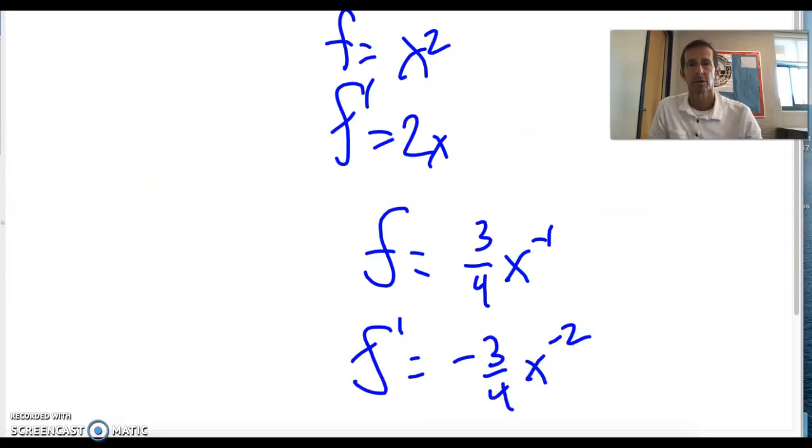So we are going to start looking for patterns as we find derivatives to see if we can algebraically figure out how to go from this function to this function without doing this limiting process. There you go. That's example 2. I think you have one to try also. Good luck.